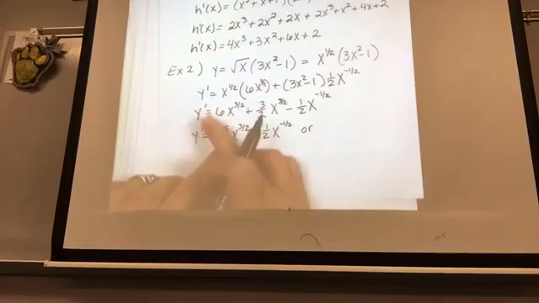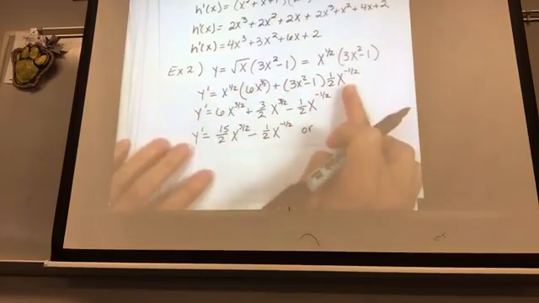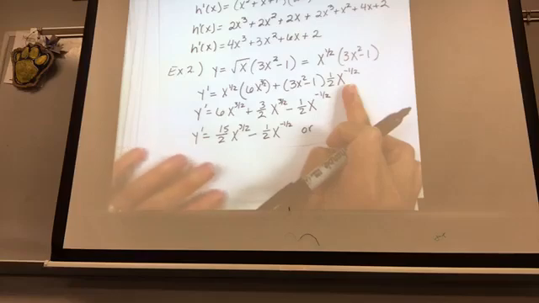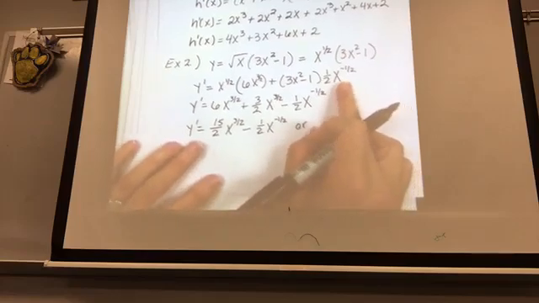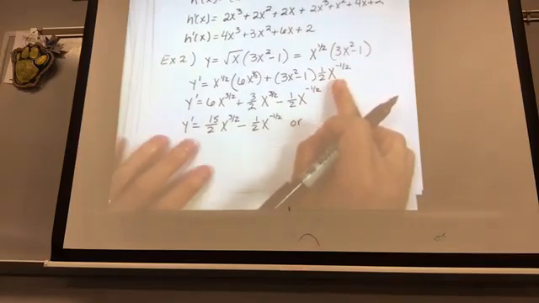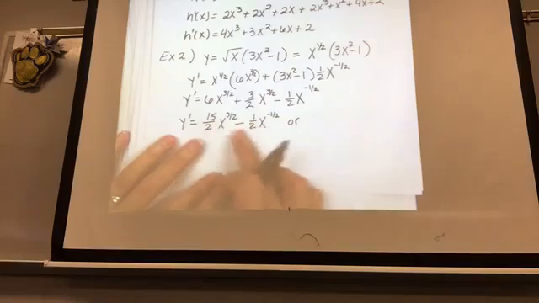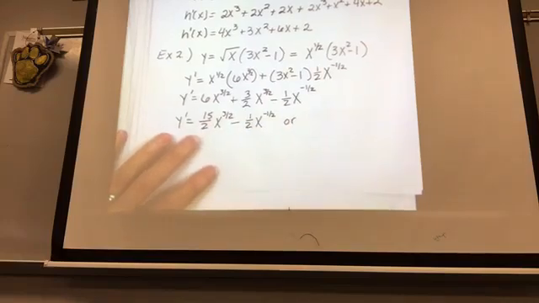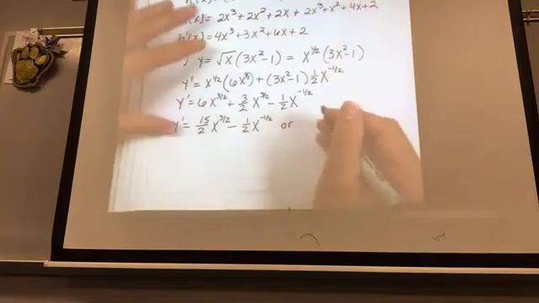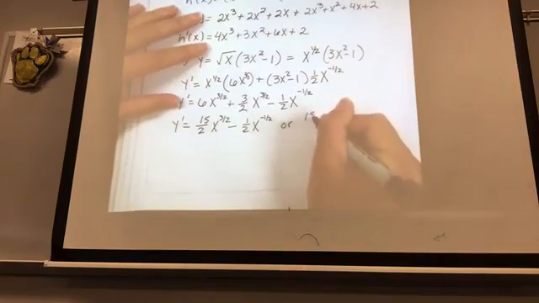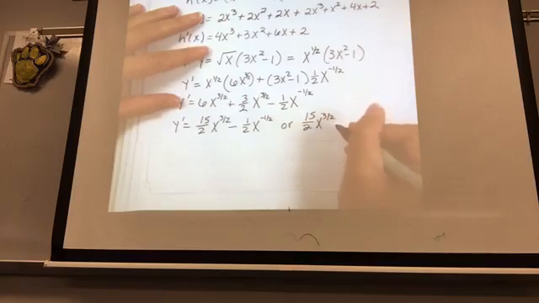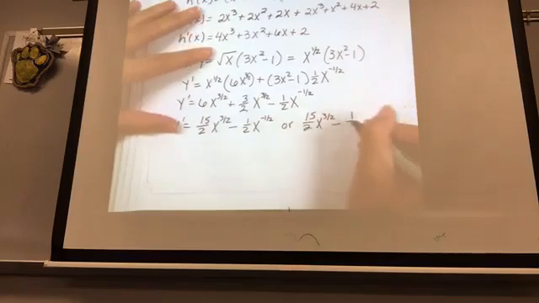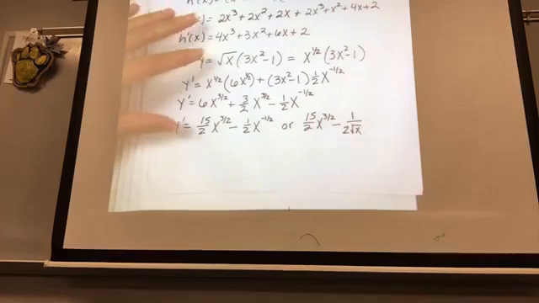You can actually stop here on a free response question. If it's a multiple choice, though, you're going to have to know what's the simplified answer. So this one could also be written as 15 over 2 x to the 3 halves minus 1 over 2 times the square root of x, or x to the positive 1 half.